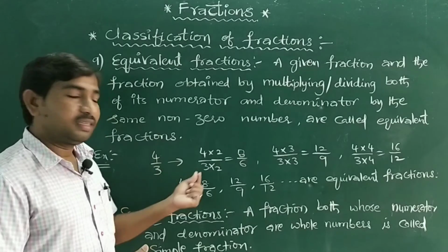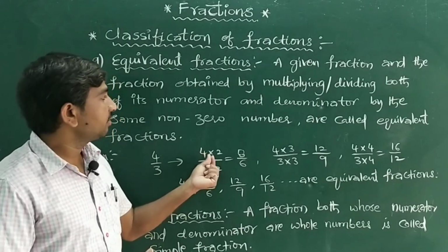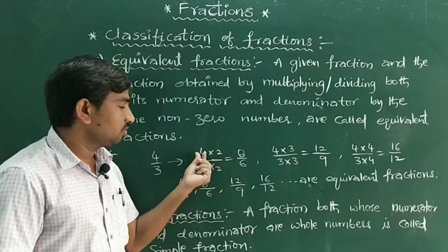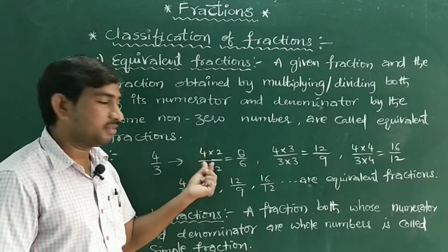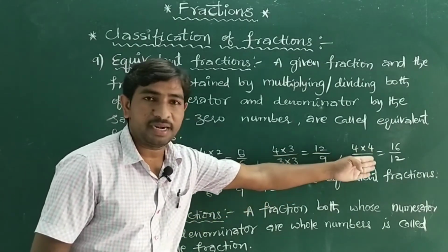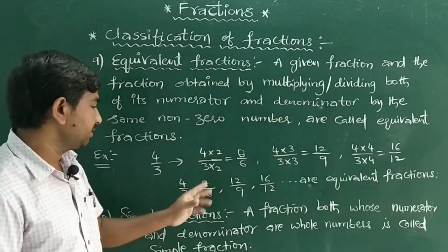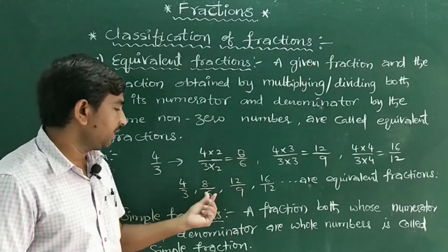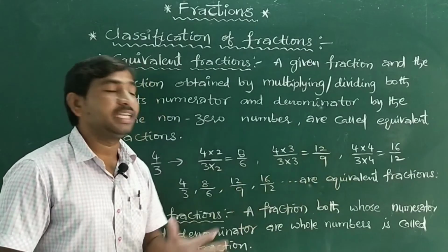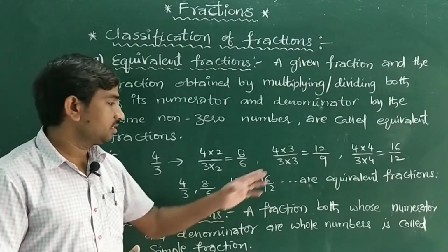Multiplying numerator and denominator by 2, by 3, and by 4, what are we getting? 4 by 3, 8 by 6, 12 by 9, 16 by 12 and so on are equivalent fractions.